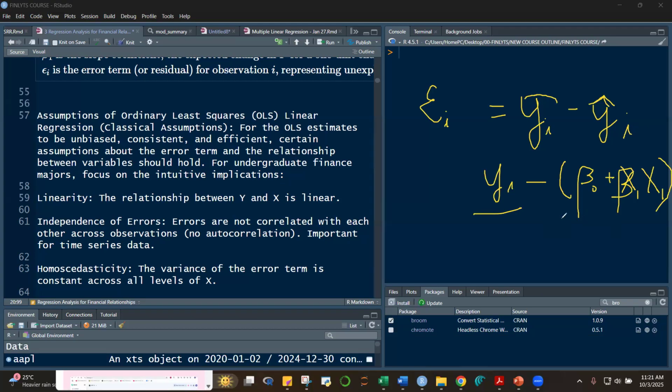Actual minus predicted, that's your residual. The residuals play a very important role in assessing whether your linear regression model is valid or not.